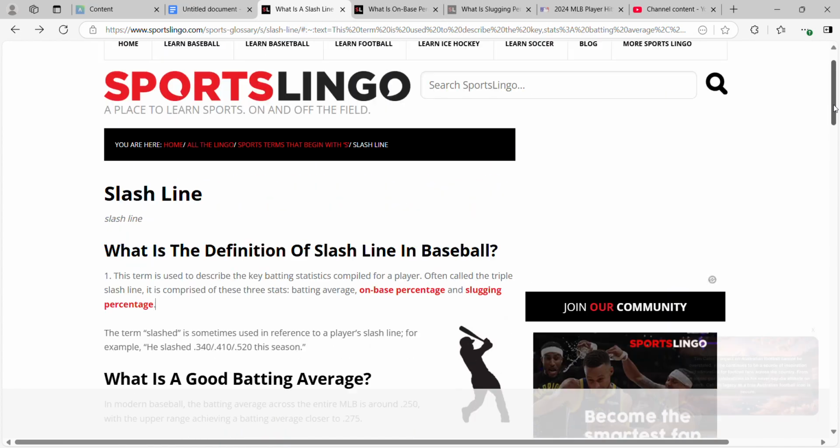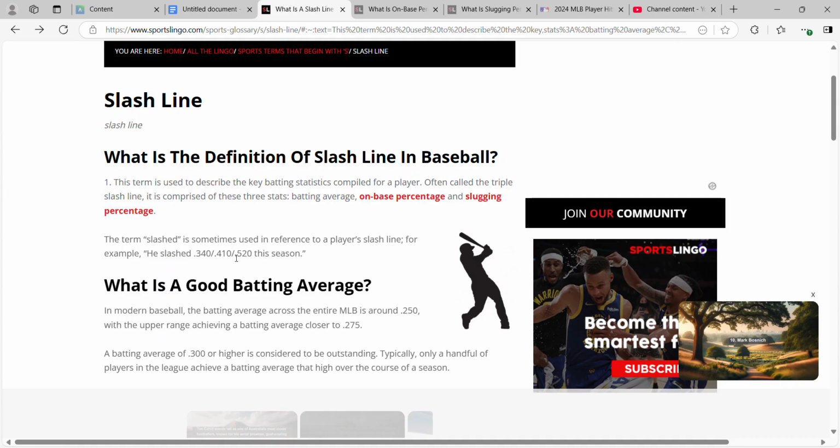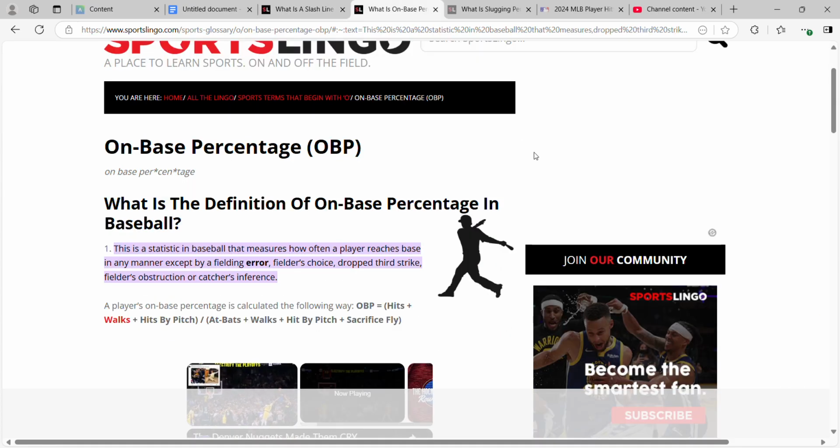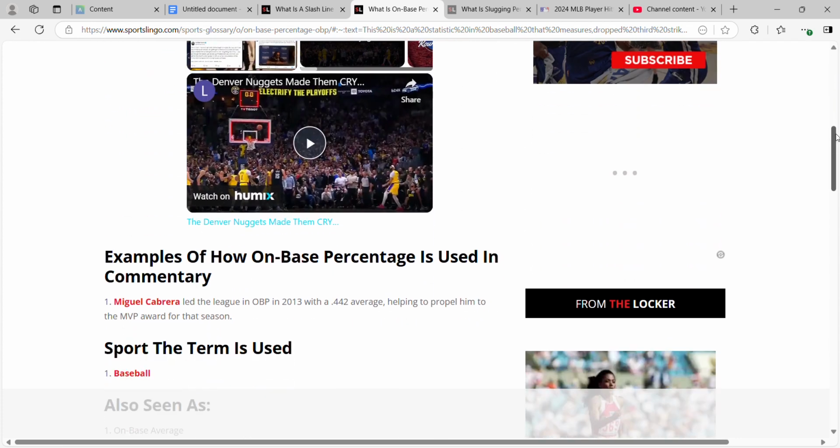So that's batting average. The second number here is going to be our on-base percentage. On-base percentage is another percentage pretty similar to batting average, but it does factor in walks as well instead of just hits. On-base percentage is used to calculate how often a player gets on base in any way, excluding a fielding error.